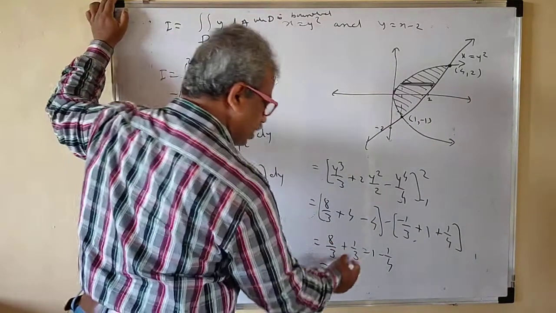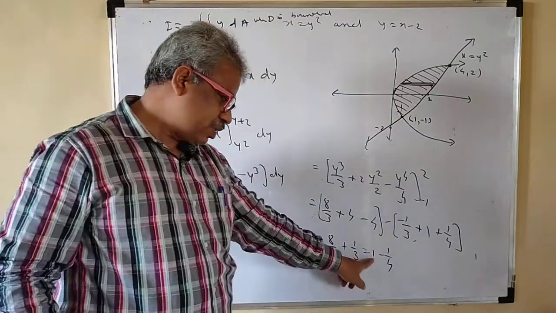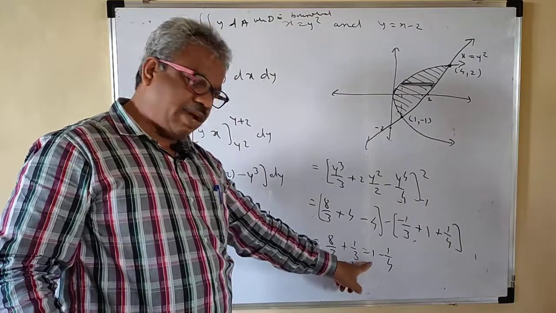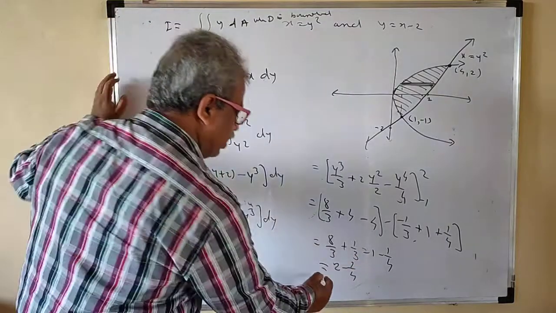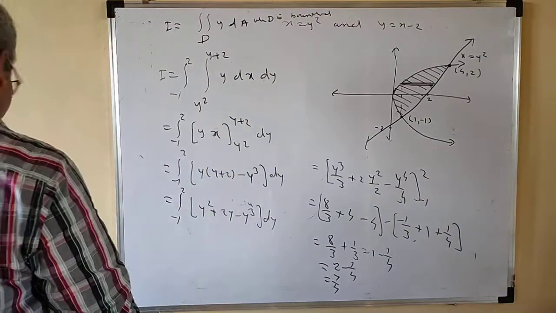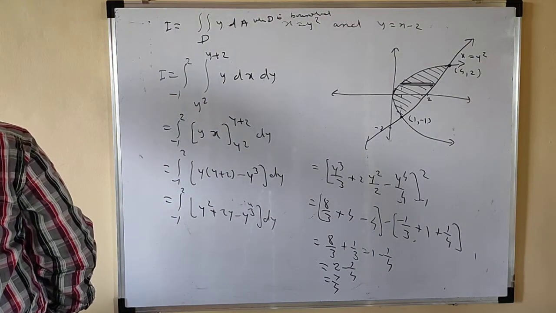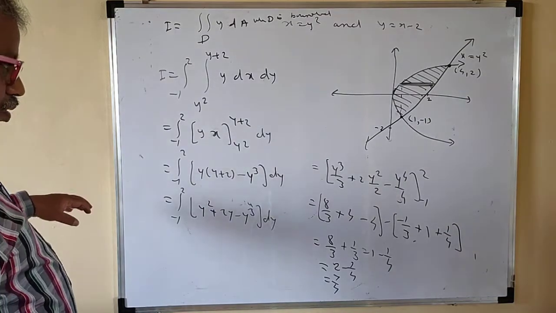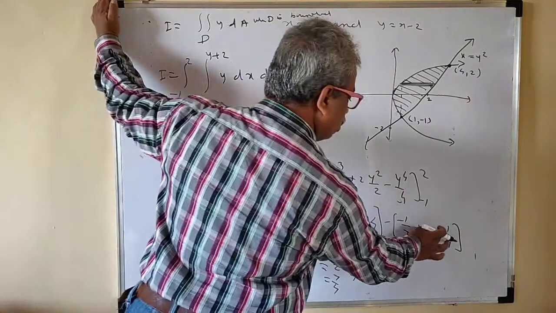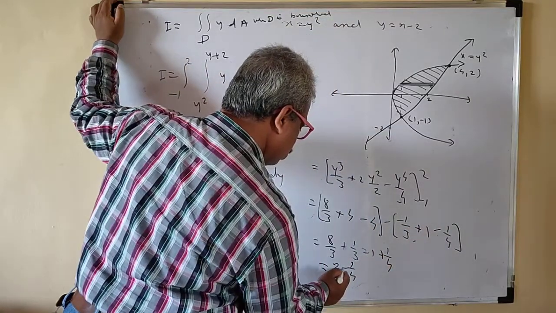So 3 minus 1 is 2, and then 4 minus 1 by 4. Oh, this is minus, so this becomes plus.